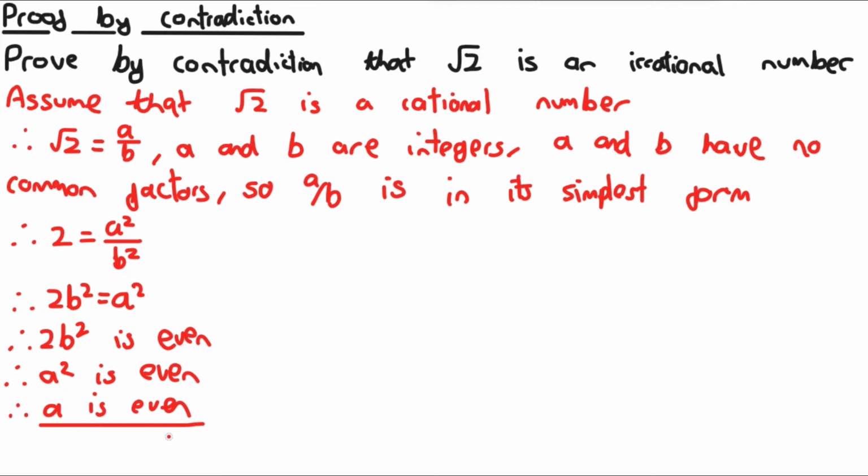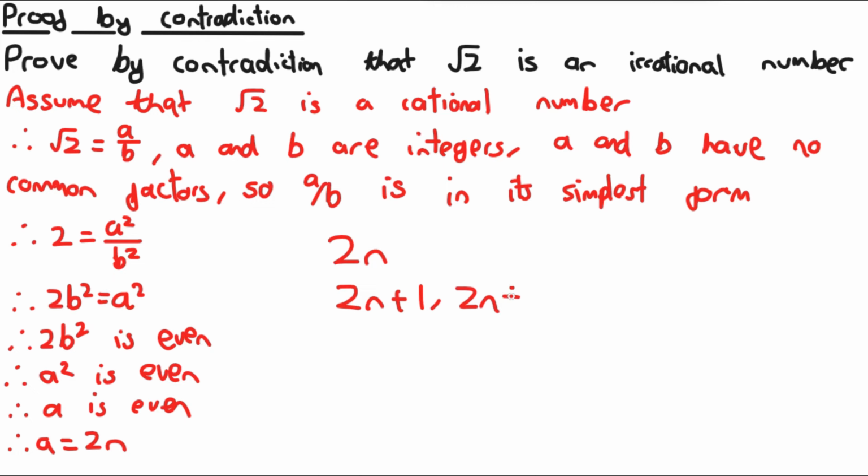So as a is even, therefore we can express a equal to 2n. Now this is something we talked about in the proof videos in chapter 7 in year 1. This might be something you're not familiar with if you haven't watched that video or come across this before. Any number that is even we can express as 2n, and any number that is odd we can express as 2n plus 1, or we can do 2n plus 3 as well.